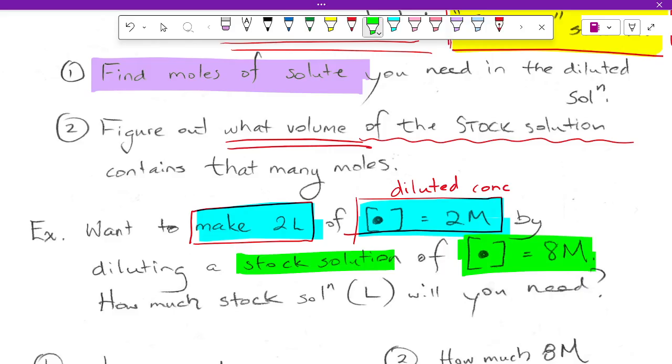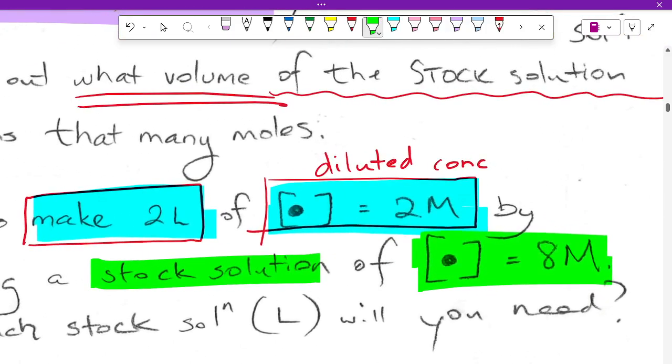Any dilution problem, the first thing you're going to do is find the moles of solute. What numbers could you use here to find the moles of solute? We have 3 numbers: 2 liters, 2 molar, and 8 molar.